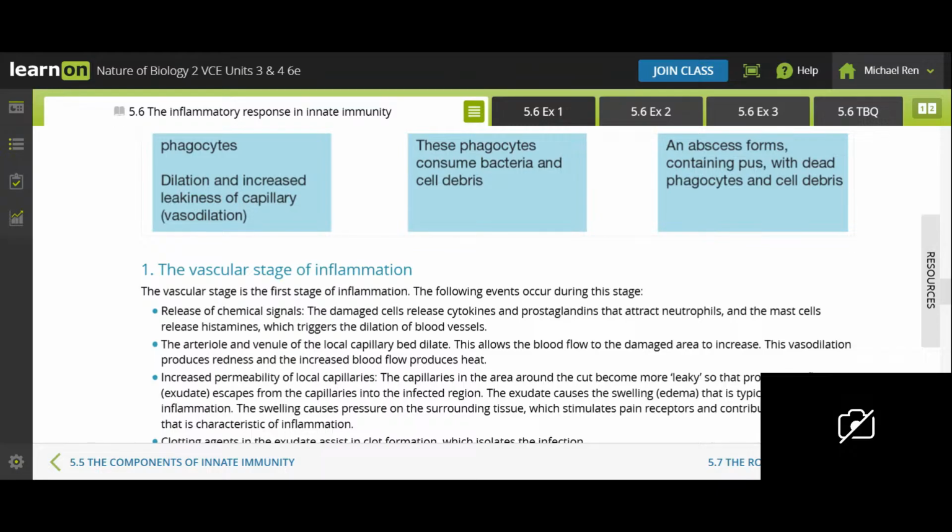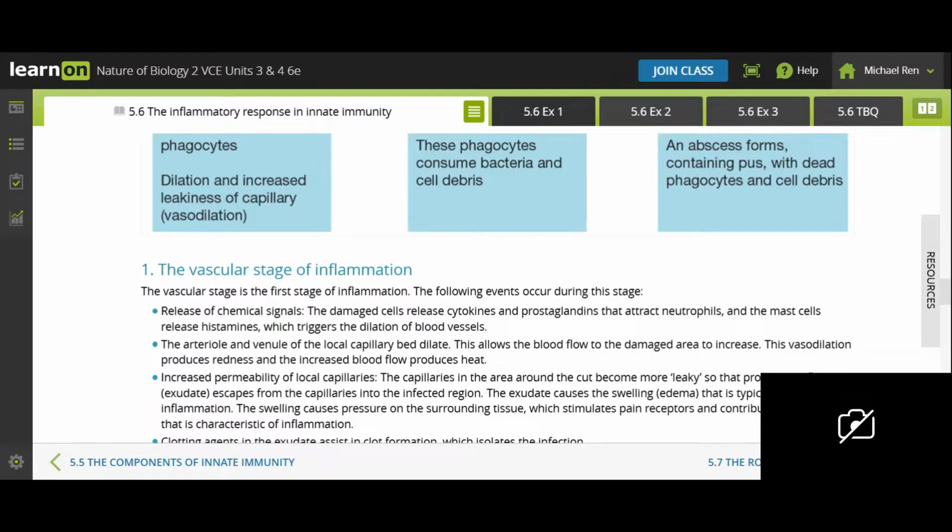Exudate is exuded from the blood vessels, I mean capillaries, because not all blood vessels can do this. So exudate is exuded from the capillaries, and it makes the infected region swell up, and this puts pressure on the surrounding tissue, which, guess what, causes pain.